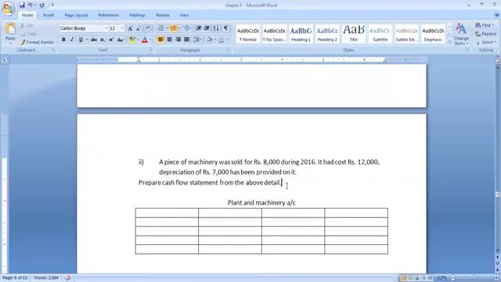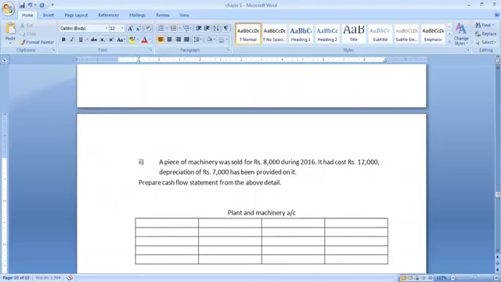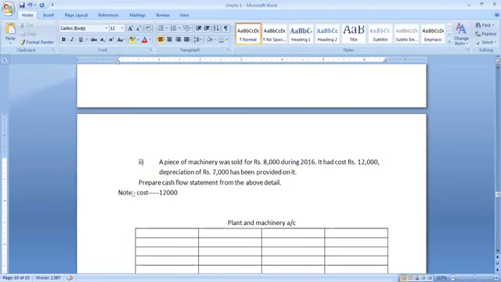You need to find out what is the actual written down value here, or the book value. So what is the cost of the machinery? You can write it as a note. What is the cost? Cost is 12,000.